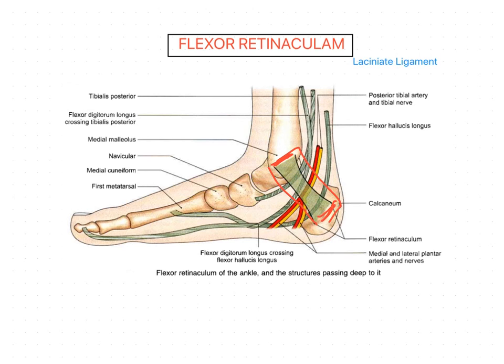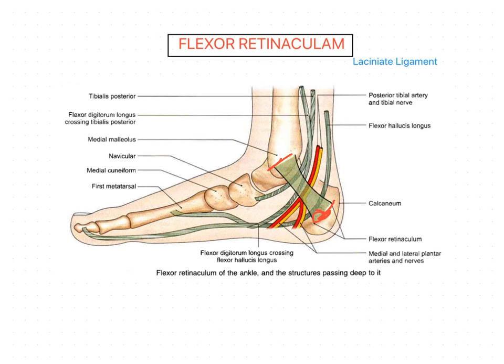Anteriorly it is attached to the posterior border of the tip of the medial malleolus, and posteriorly and laterally to the medial tubercle of the calcaneum. Here you can find the tubercle of the calcaneum, to which it is attached posteriorly and laterally.